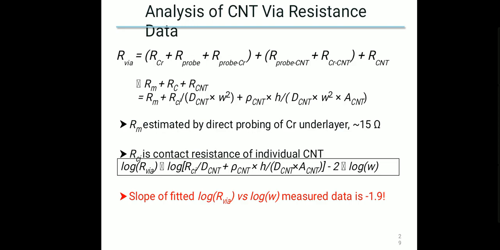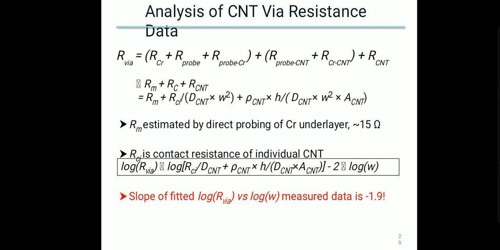And this is the analysis of CNT via resistance data, which is RC, the contact resistance of individual CNT: log R via to log RC by DCNT plus rho CNT into H by DCNT into ACNT bracket of minus 2 into log W carbon nanotubes.